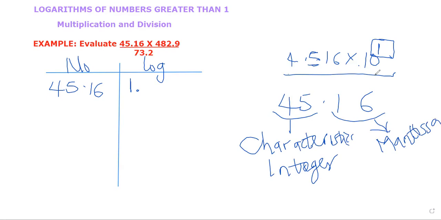Now our characteristic is going to be 1, because we have put the number in standard form, and whatever we have as the power of 10 becomes our characteristic.